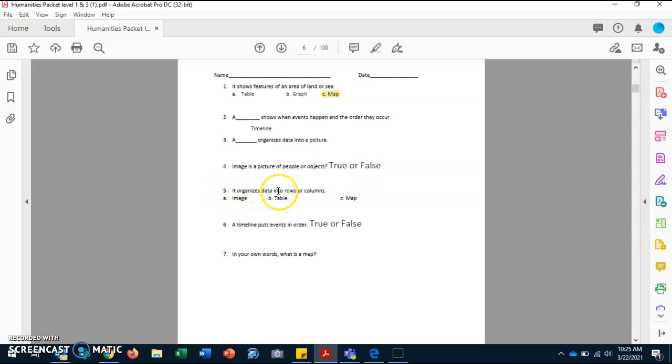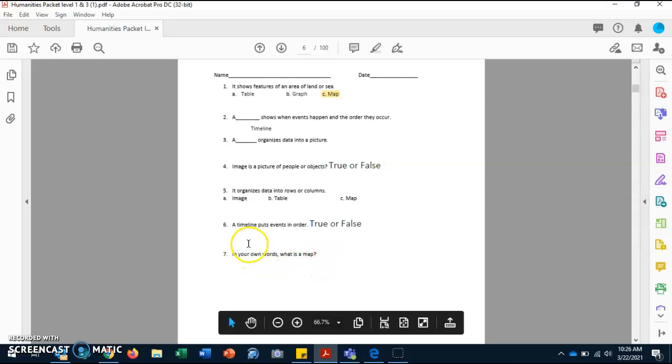It organizes data into rows and columns. A, image. B, table. C, map. Question number 6. A timeline puts events in order. True or false? And number 7. In your own words, what is a map?